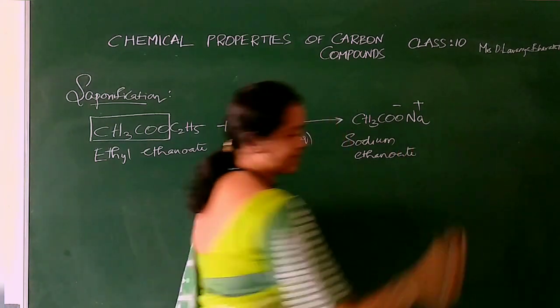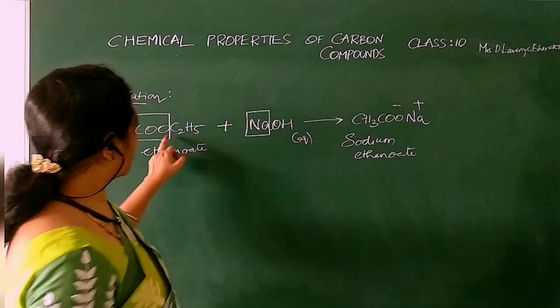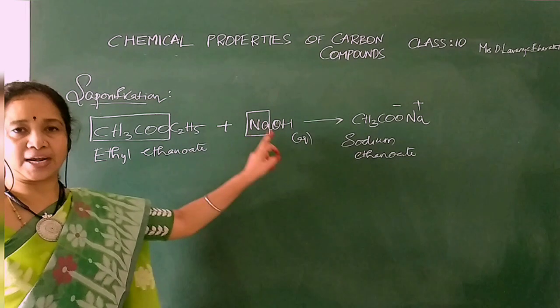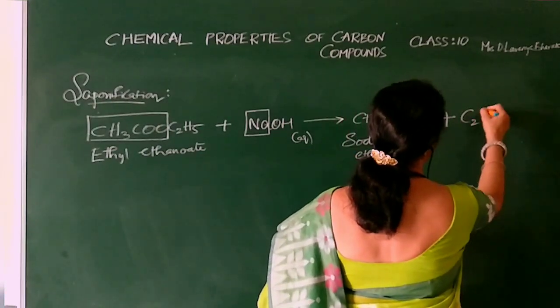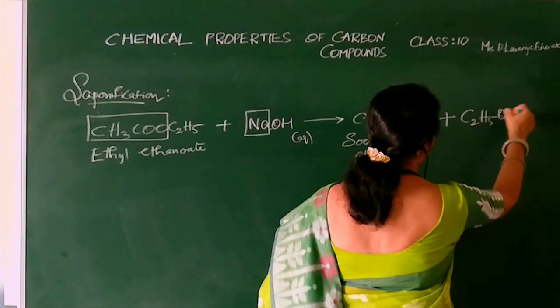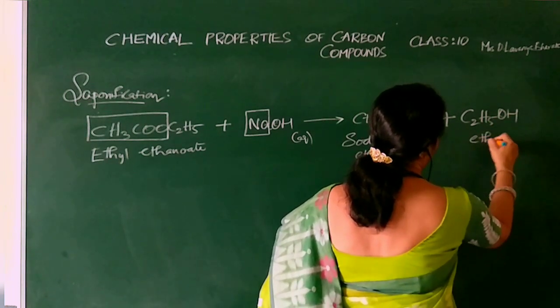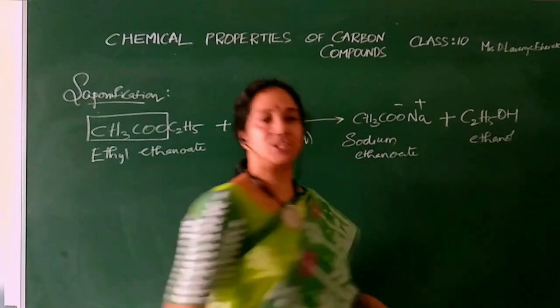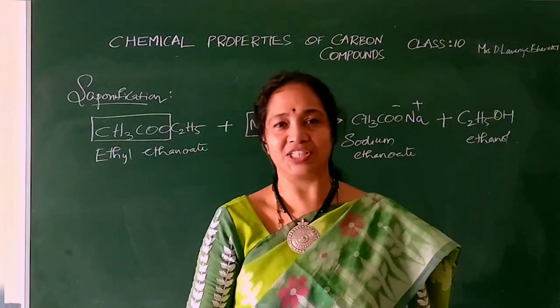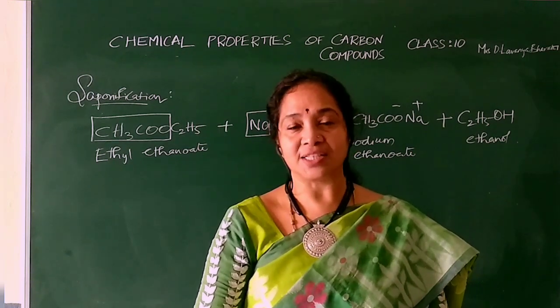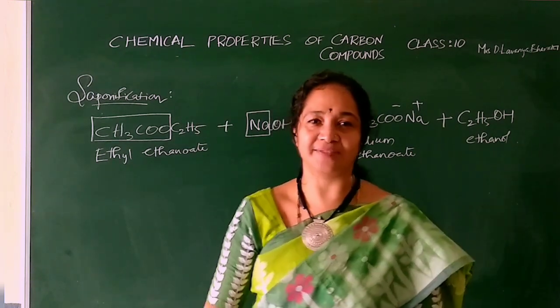So this is a sodium salt. Now, what are left here? C2H5 and OH. They two combine together to form alcohol. So C2H5OH, alcohol. This is ethanol. Such type of saponification reactions are useful in manufacturing soaps and detergents. So saponification is quite opposite to esterification.